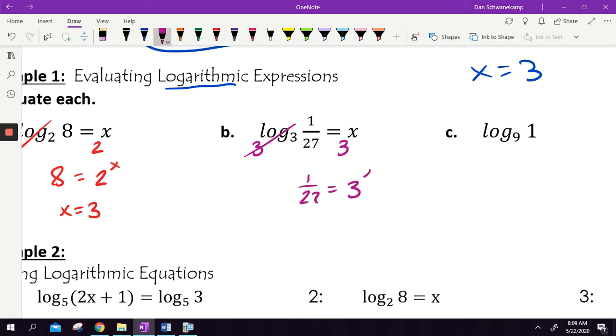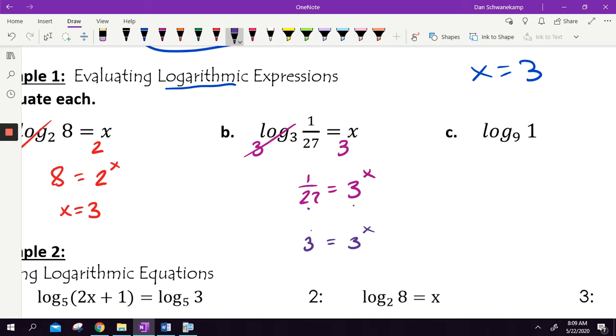1/27 is equal to 3 to some power. Okay, well, think back to our last section. I need to rewrite this as 3 to some power. Could I rewrite 1/27 as 3 to a power? Well, it's a fraction, so I know it's going to be negative.